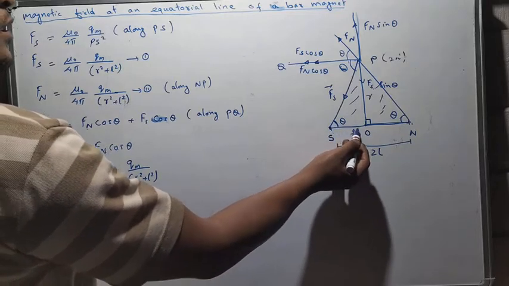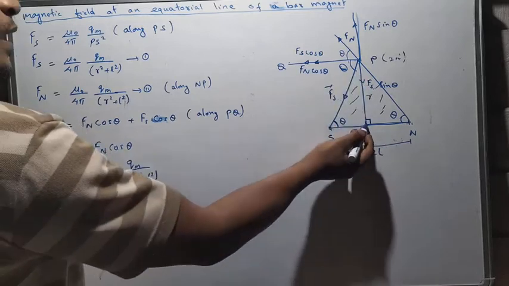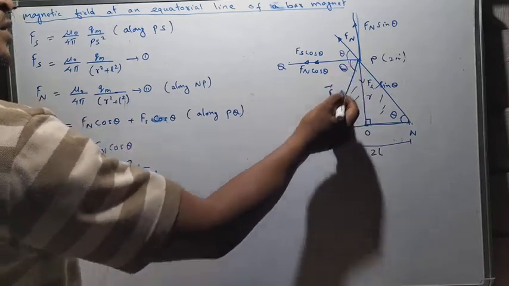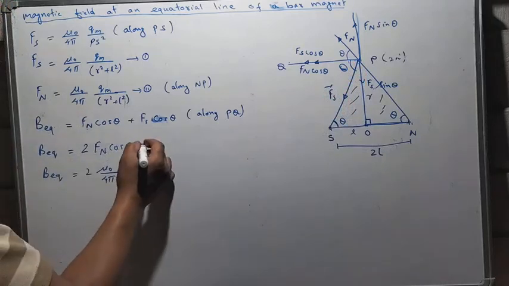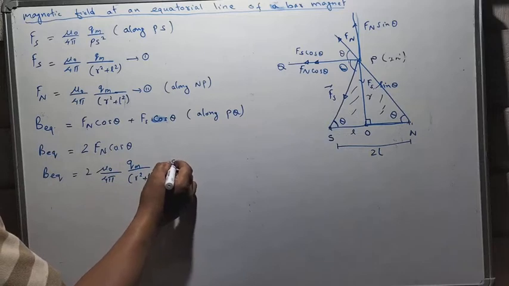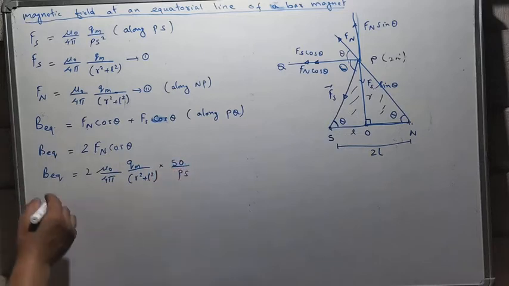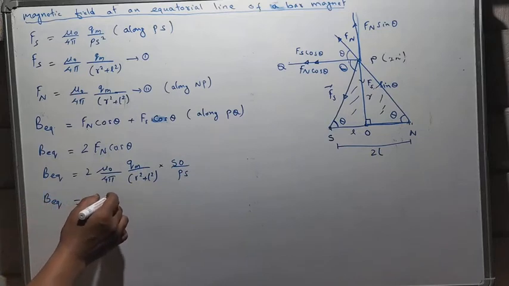Cos means base upon hypotenuse, which means L upon this PS. Or I can say in this right angle triangle, when you take cos theta, you'll get SO upon PS.